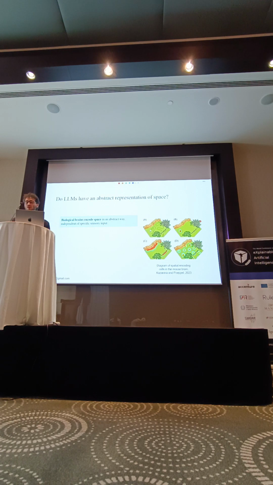For example, here on the right, you can see a mouse that is exploring some space, and you can see the activation patterns of some neurons in the hippocampus. These neurons are representing some parts of space, which can be specific patches or maybe the border of the space that the mouse is exploring.